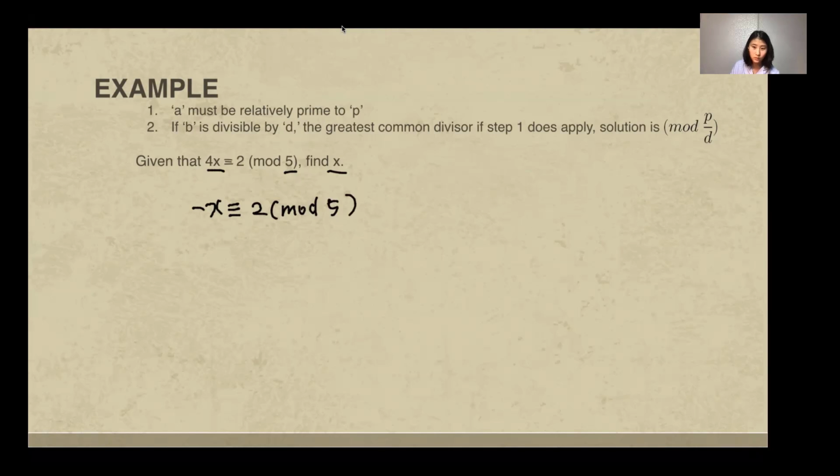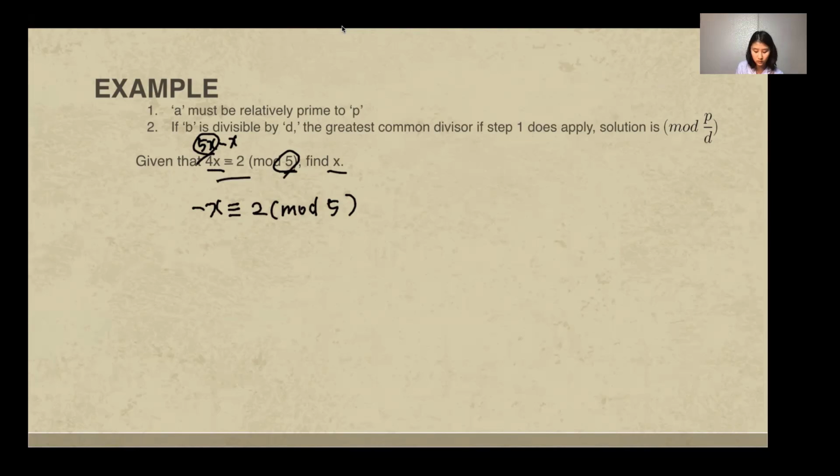And the reason why we do this is because 4x is actually equal to 5x minus x, right? But because of mod 5, 5x would mean that a number is divisible by 5. This would just be 0, and we would be left with negative x.